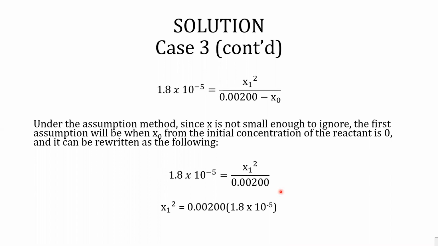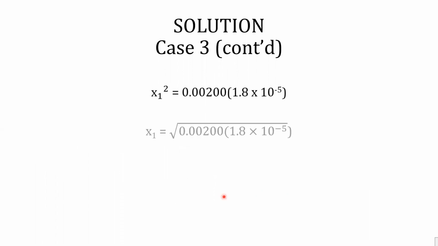It is rewritten as the following: 1.8 times 10 to the minus 5 equals x1 squared divided by 0.00200. x1 equals 0.00019 M.